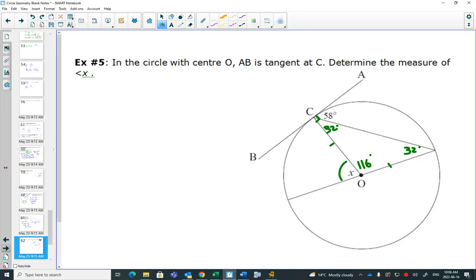Okay. So once you figured out this is 32 because it adds up to 90, then you recognize this is an isosceles triangle because it has two radiuses. An isosceles triangle has two sides that are the same and two angles the same. So then you know this is 32 as well.